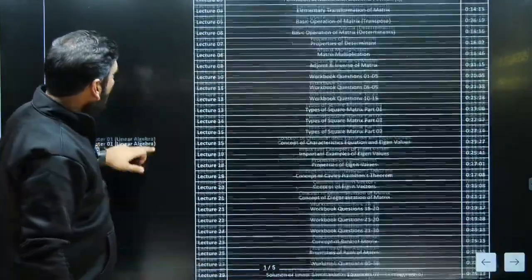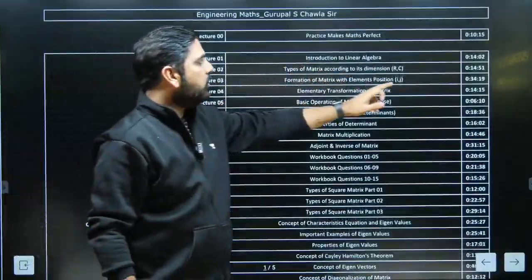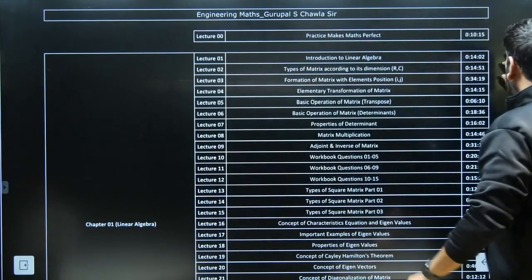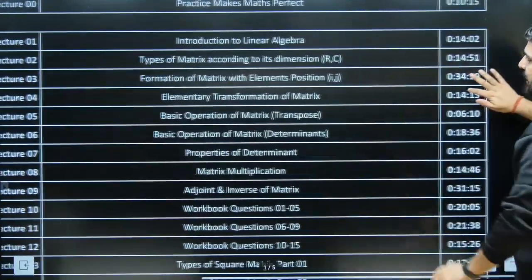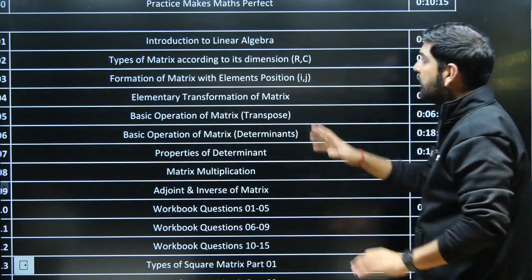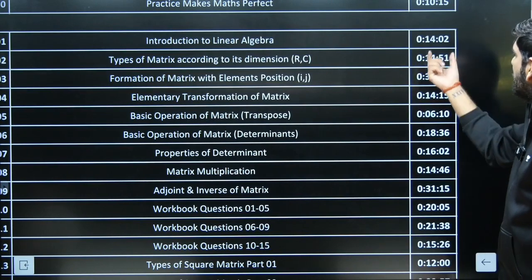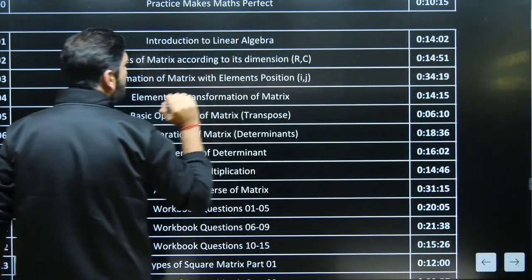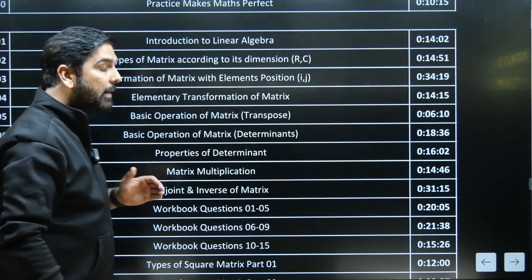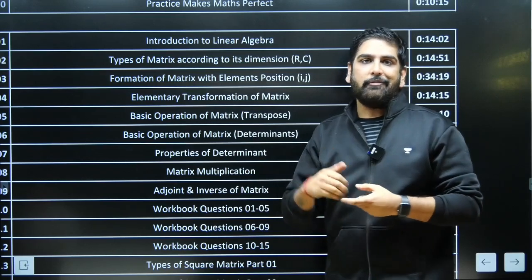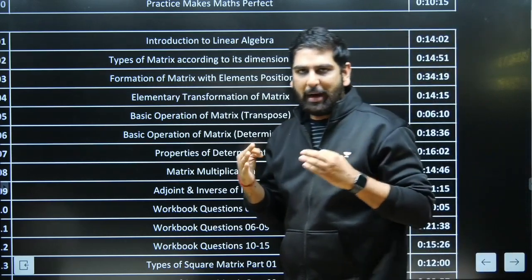From lecture 1 you can see introduction to linear algebra, and here you can see the minutes of this particular lecture. The first lecture is introduction to linear algebra for 14 minutes, then types of matrix according to dimension, formation of matrix, elementary transformation, operations of matrix from transpose to determinant to matrix multiplication.